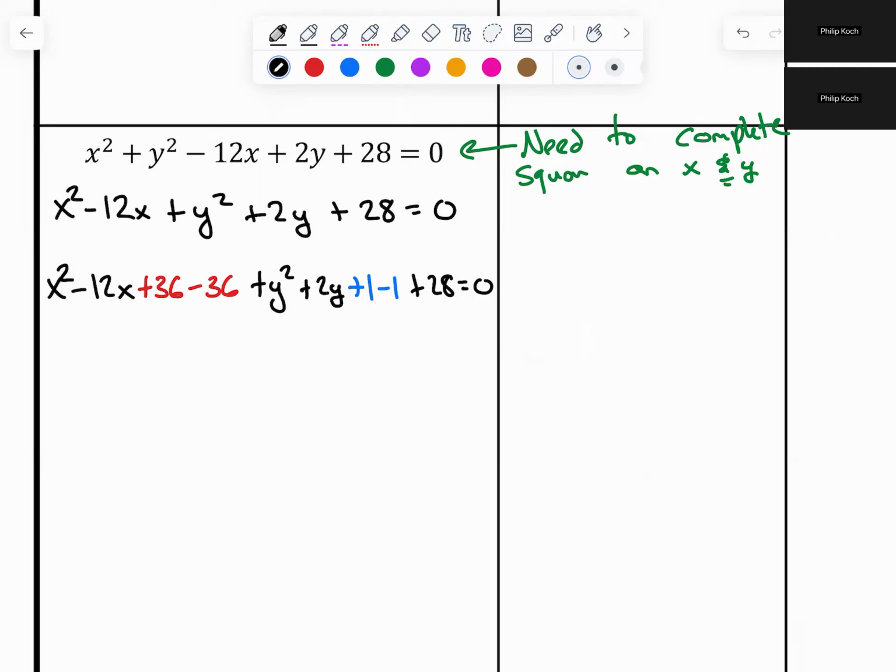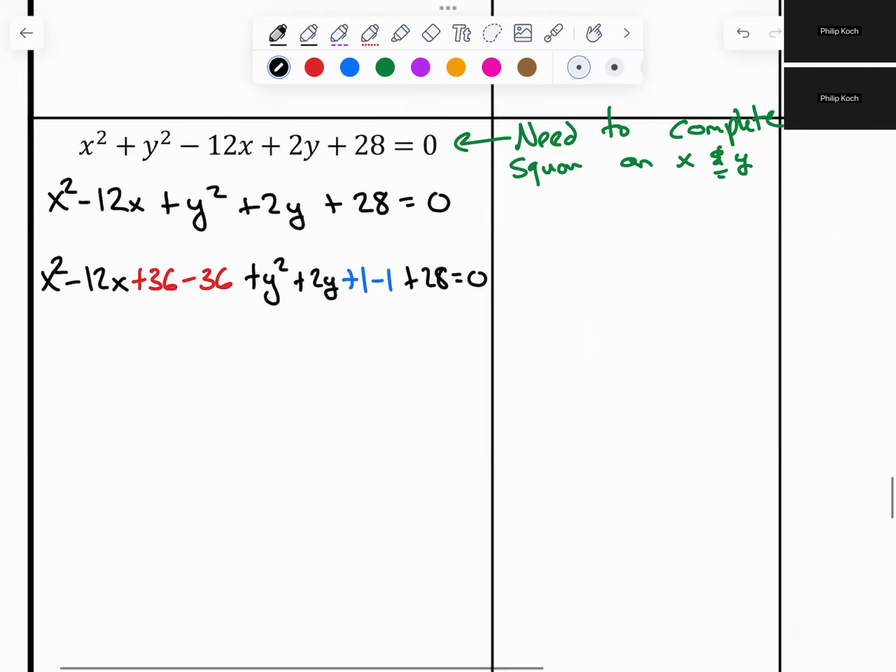And then the whole point of that is that this becomes a perfect square trinomial. This becomes x minus 6 squared. And this becomes y plus 1 squared. But we still got that minus 36, that minus 1, and that 28 that need to be dealt with, which I believe is negative 9, right?